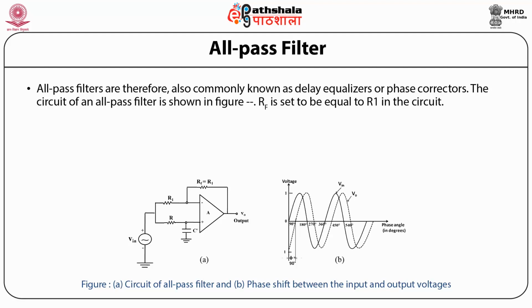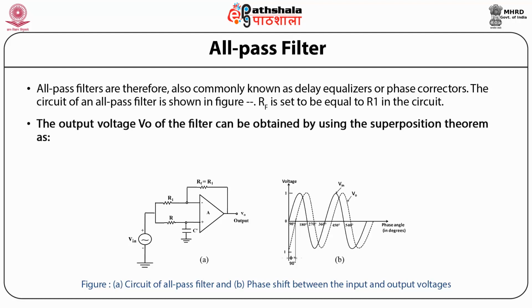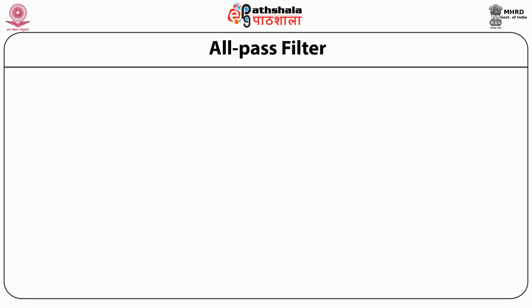RF is said to be equal to R1 in the circuit. The output voltage V0 of the filter can be obtained by using the superposition theorem as V0 equals minus Vn plus 2 times the quantity minus jXc by R minus jXc, times Vn.